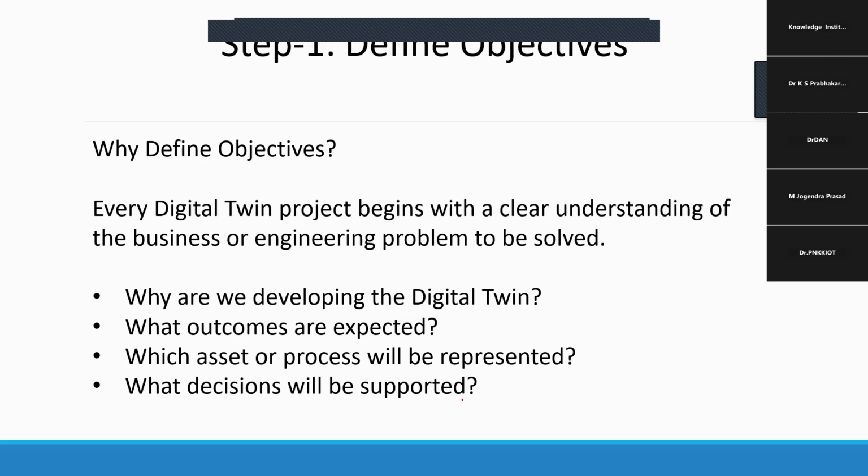This objective determines everything that follows: sensor selection, data collection strategies, modeling requirements and performance metrics. Therefore, defining objectives establishes the roadmap for the entire digital twin project. So that is the first thing.